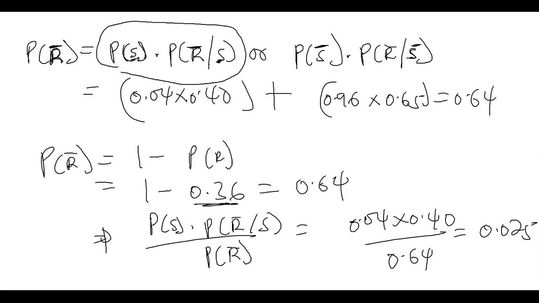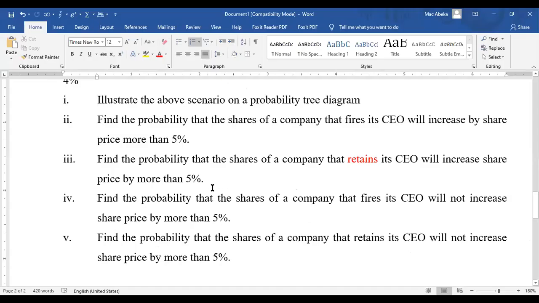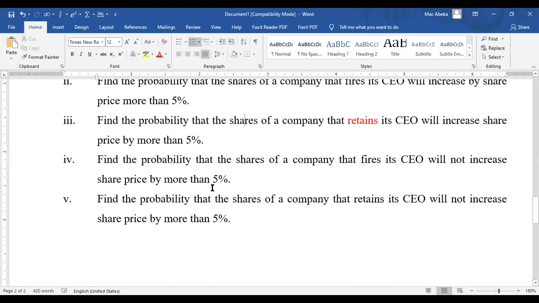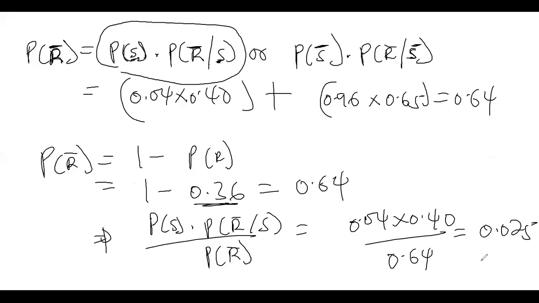Then the third requirement, the IV, says to find the probability that the shares of a company that fires its CEO will not increase share price by more than 5%. We already know that the probability that they replace or fire the CEO is 0.36.